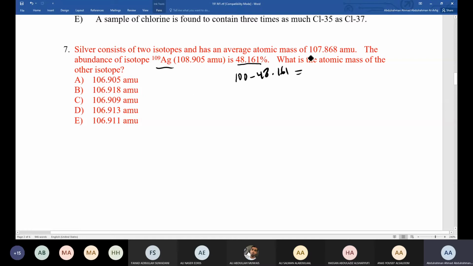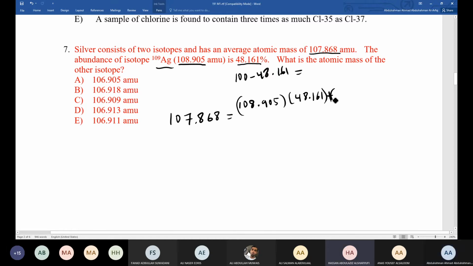And now the mass, 107.868, is equal to 108.905 times 48.161, plus the mass of the other one, which we don't know, I'll write it as M, times 51.839.